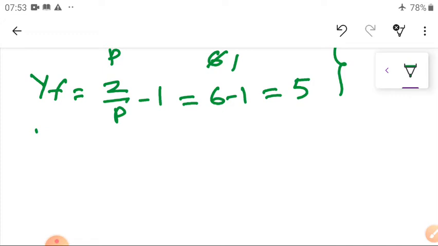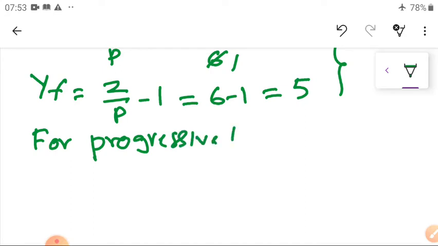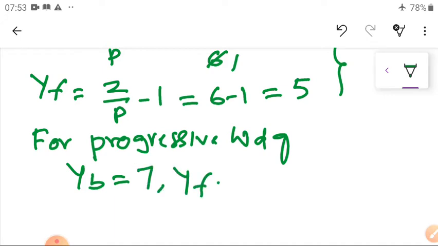So for progressive winding, YB is equal to 7 and YF is equal to 5. Based on this, you develop the winding table. So what is the winding table? Let us see.